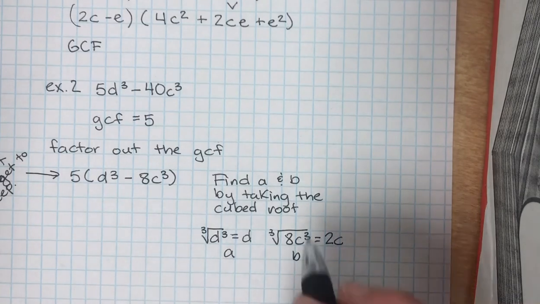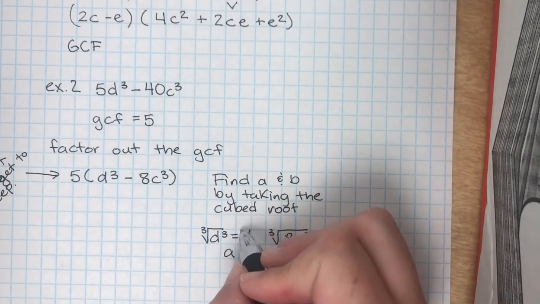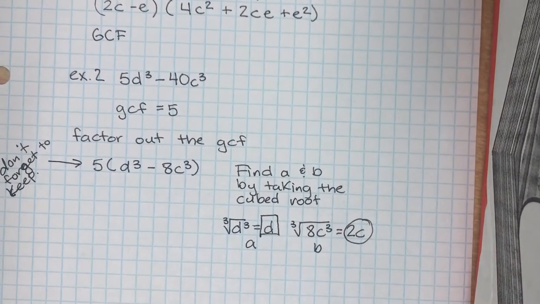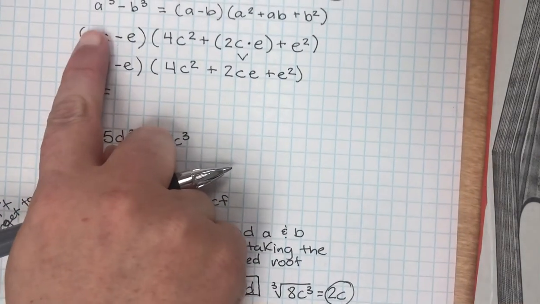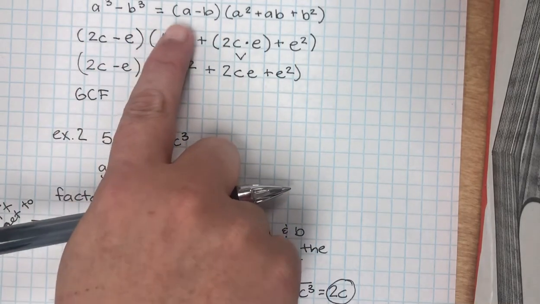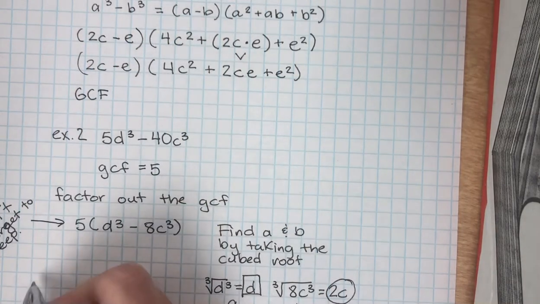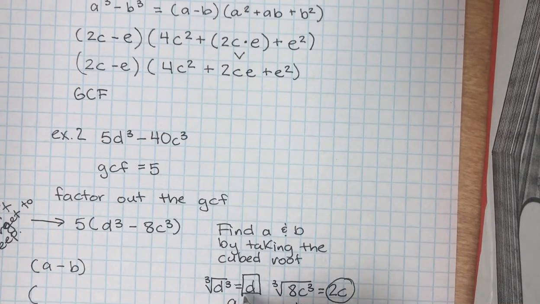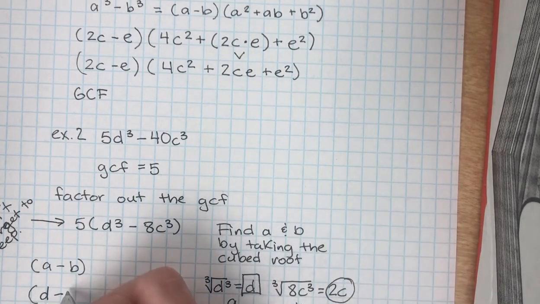So now we're ready. Again, I'm going to put my box and my circle, and I'm going to fill in the blanks using this format again. So my format for this one is A minus B. So I'm going to do A minus B, which is going to be A, which is d, minus B, which is 2c.